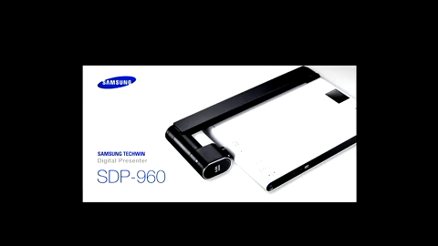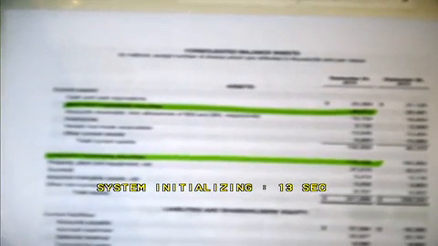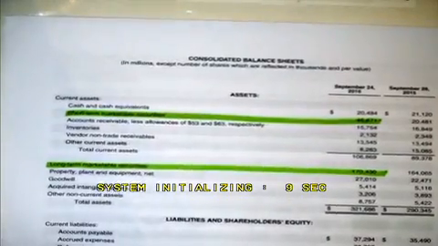On Apple's balance sheet, I'm just going to pull up the very first part of it. Just give it a second. It's still warming up a little bit here.